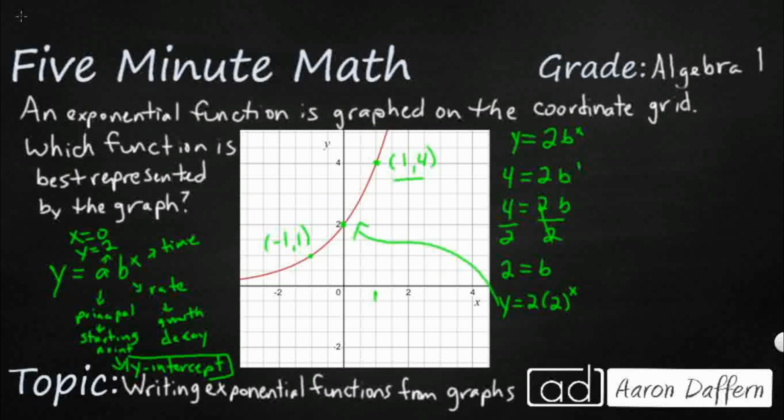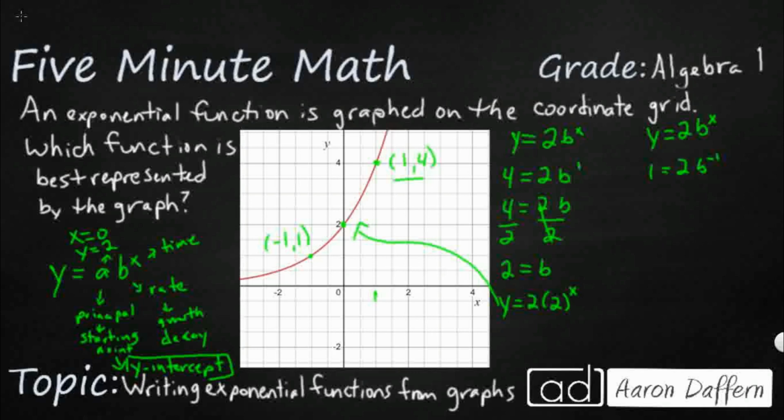Let's see if we get the same thing if we use that other set. All right, so y equals 2 times b to the x. We're going to substitute in our y as 1, and then we're going to substitute in our x as negative 1. All right, so once again, we need to know the rules for exponents here.